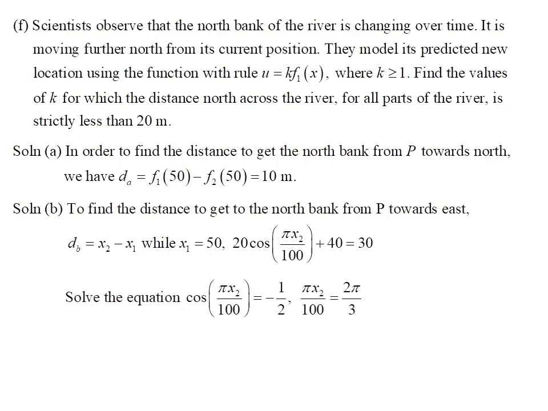So cosine pi x2 over 100 equals negative 1 over 2, which gives pi x2 over 100 equals 2 pi over 3. So x2 equals 200 over 3, and hence the distance to get to the north bank from P towards east equals 200 over 3 minus 50, which equals 50 over 3 meters.